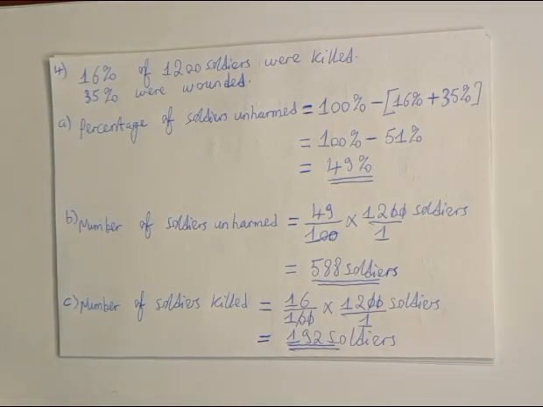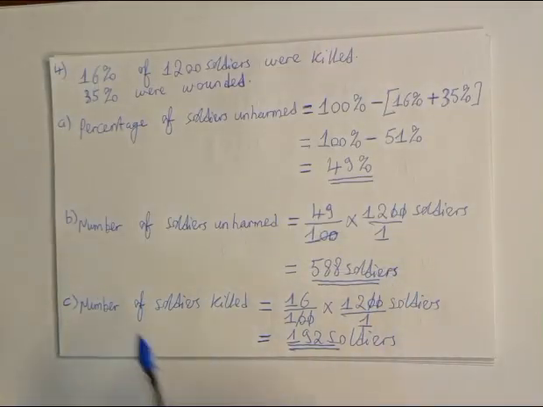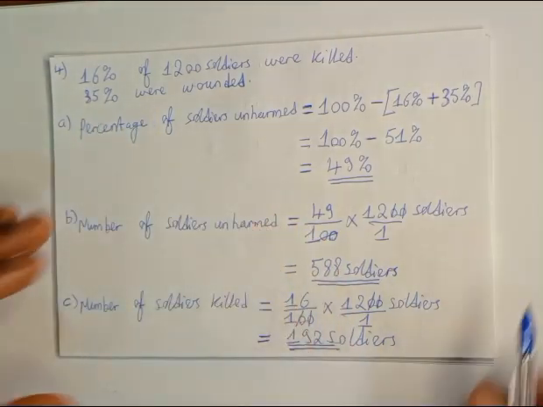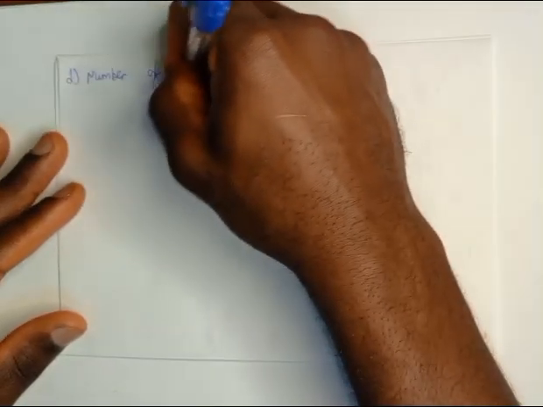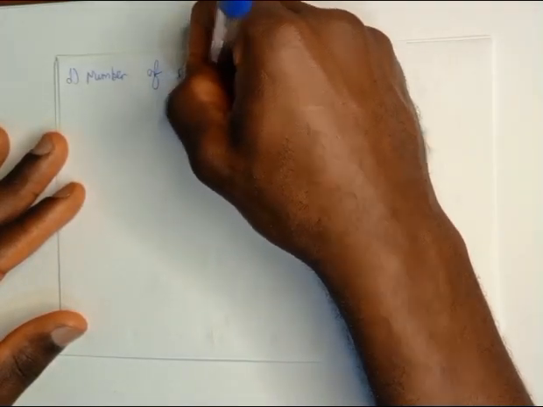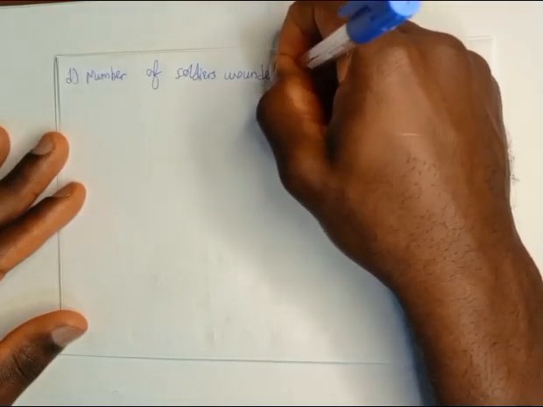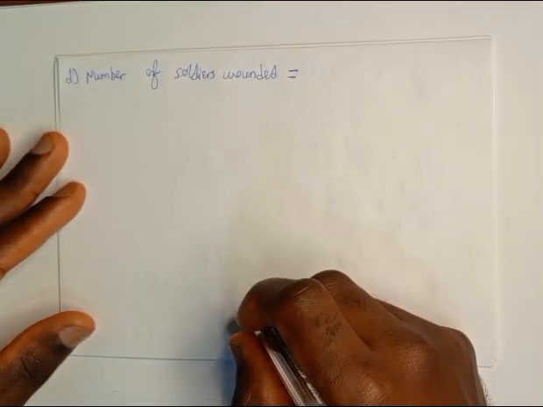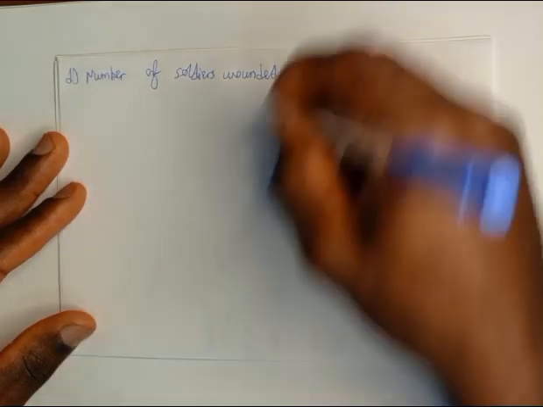Question D is asking us how many soldiers were wounded. You know the percentage of soldiers wounded, we have 35%. D, number of soldiers wounded simply equal to, we are going to express 35% as a fraction.